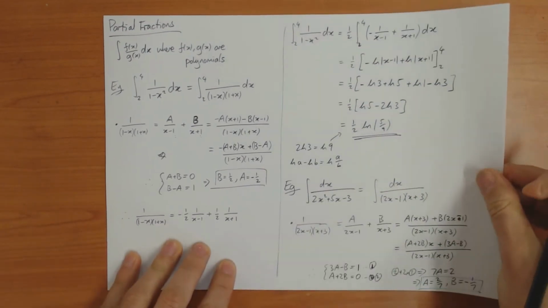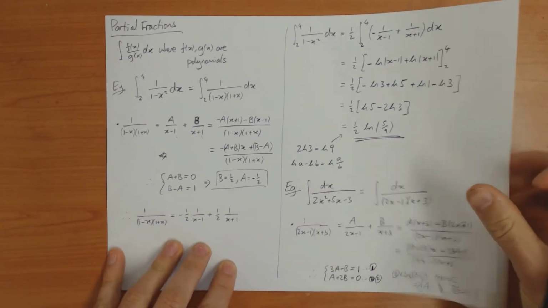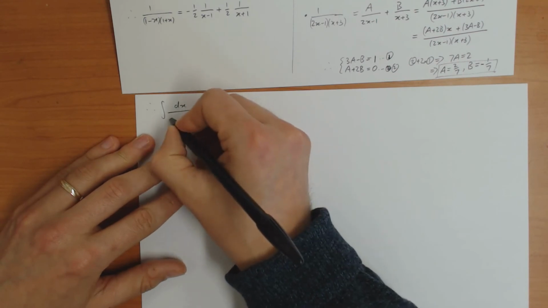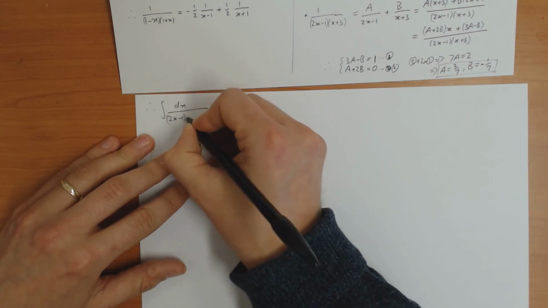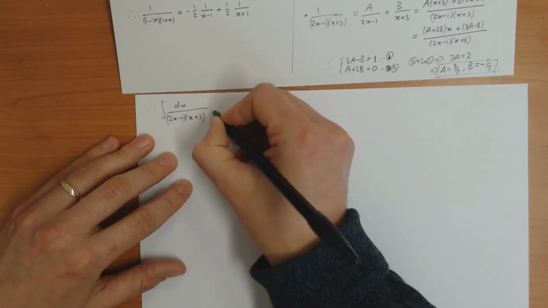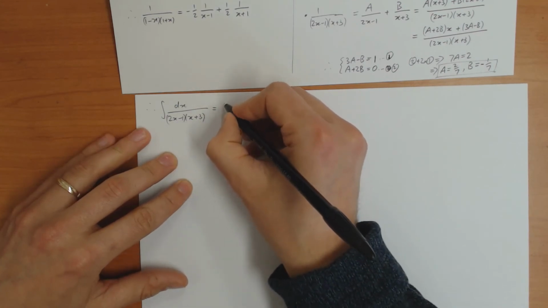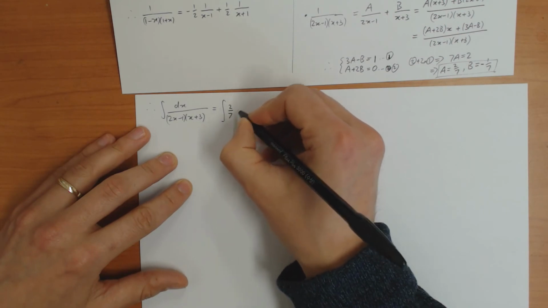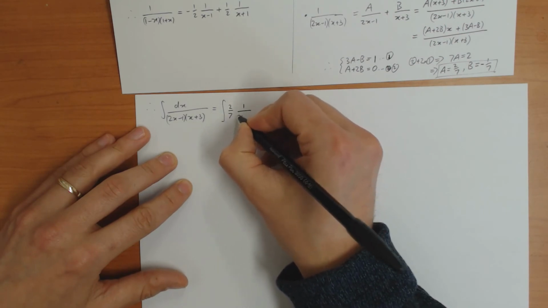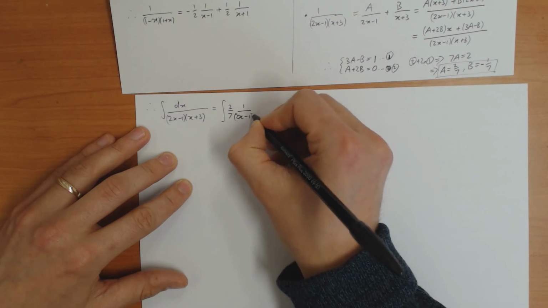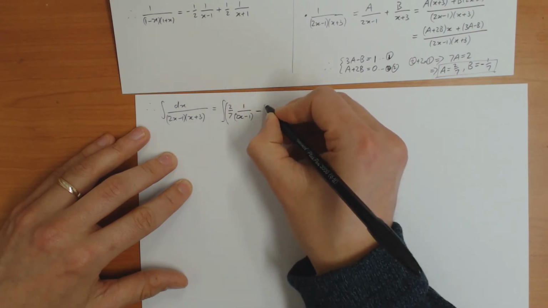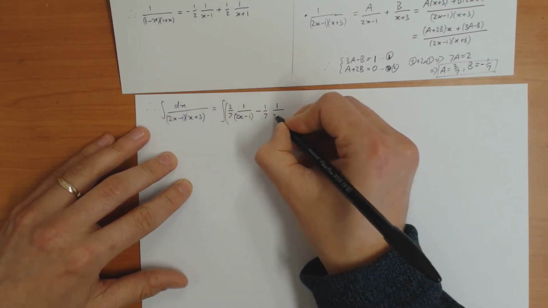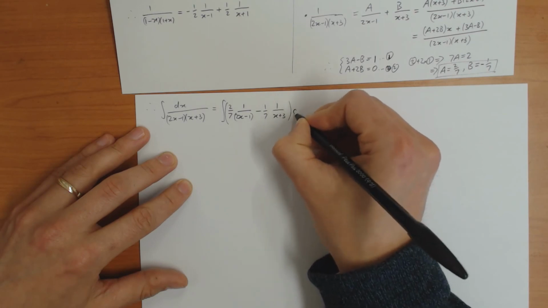So therefore, you can say that the integral dx over 2x minus 1 times x plus 3 is equal to the integral of 2 over 7 times 1 over 2x minus 1, minus 1 over 7 times 1 over x plus 3 dx.